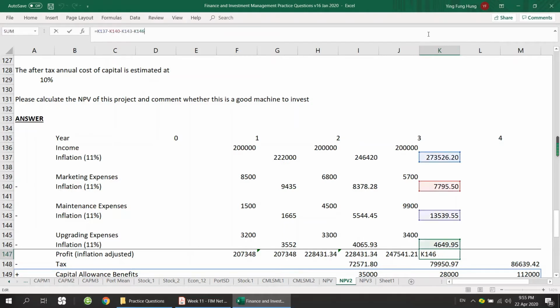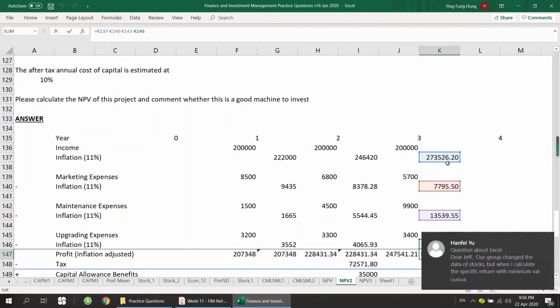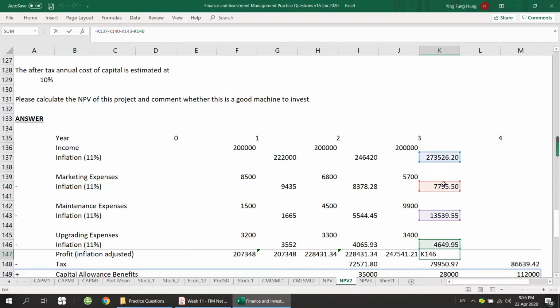So in this case, it will be inflation adjusted income in the third year of 273.5262 thousand, and then minus the 7.7955 thousand for the marketing expenses in the third year, minus the maintenance expenses of 13.53955 thousand, and then minus the inflation adjusted upgrading expenses of 4.64995 thousand for the third year.